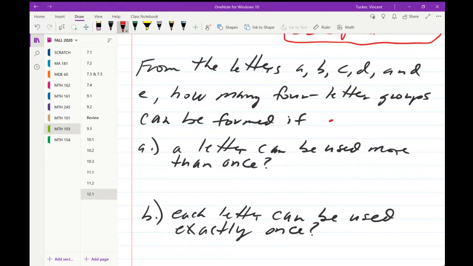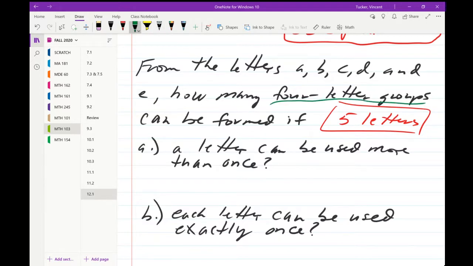So once again, we have 5 letters to choose from, and each letter can be used more than once. And we want 4-letter groups. So we're looking at just 4 boxes.